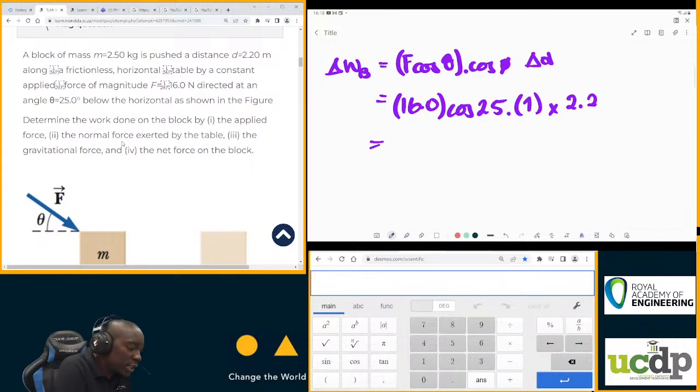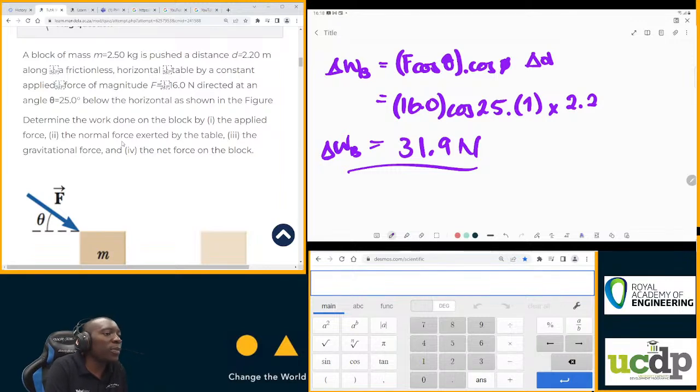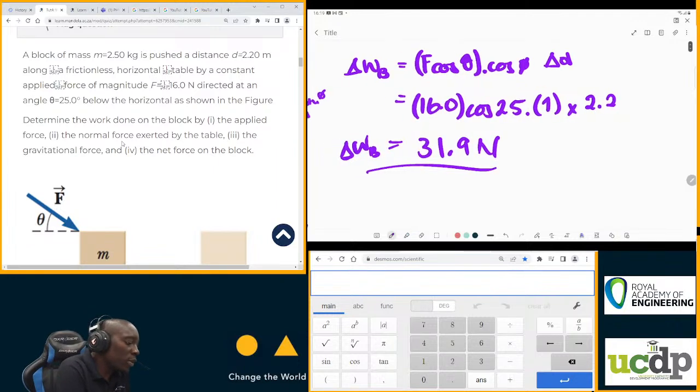I hope you got the same, 31.9. So the work done on the block by the applied force is 31.9 joules. This is for part 1.